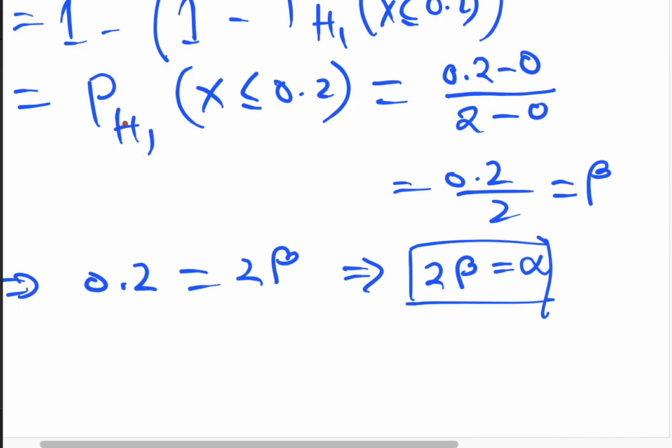Did I do something wrong here? I think I made some mistake. Under theta 2, what will be the probability? Okay, I did one thing wrong.